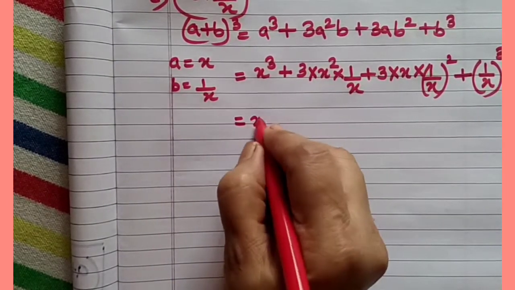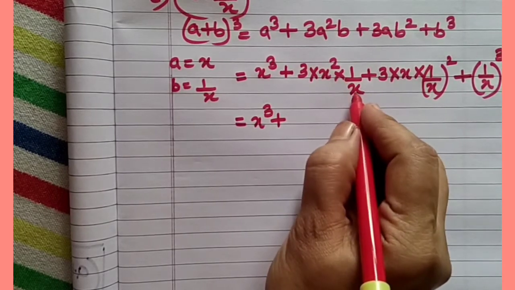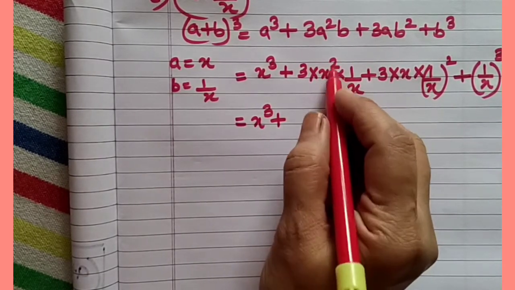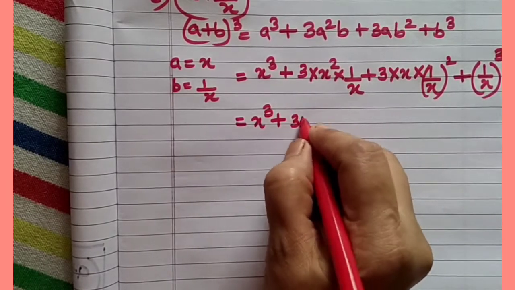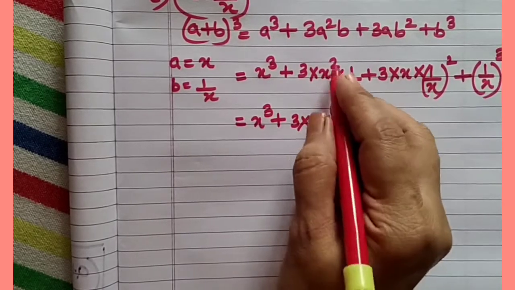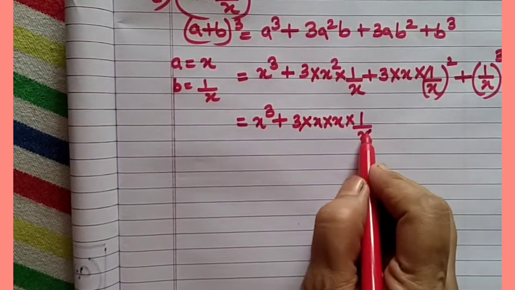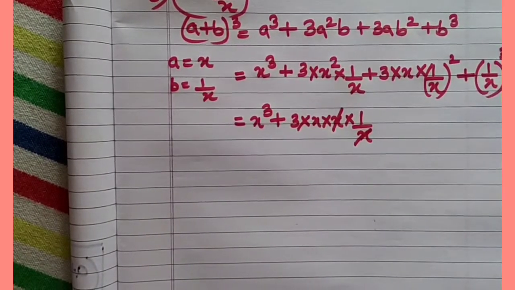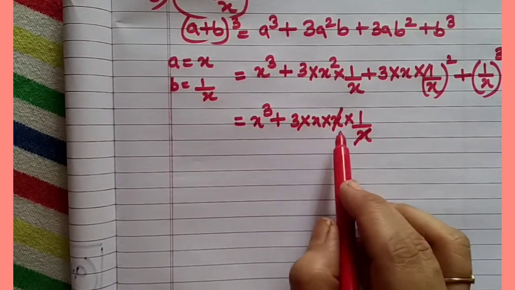So this x cube will remain as x cube. Now 3 into x square multiplied by 1 upon x. Now here there are 2 x's, isn't it? 3 into x, x square means multiplied by 1 upon x. So I can cancel this 1 x with 1 x over here. I hope you understand what I have done over here.